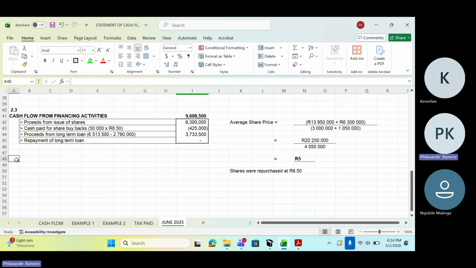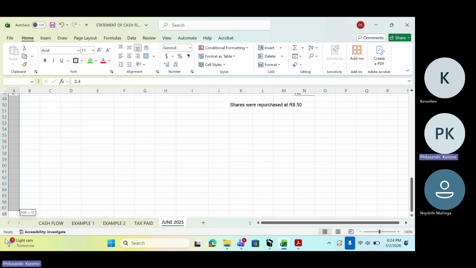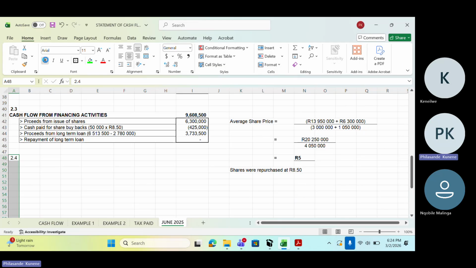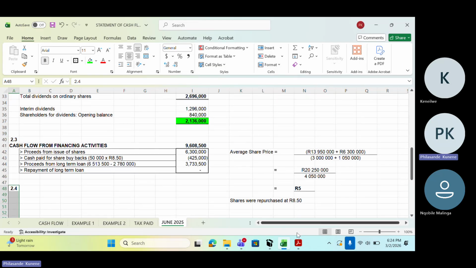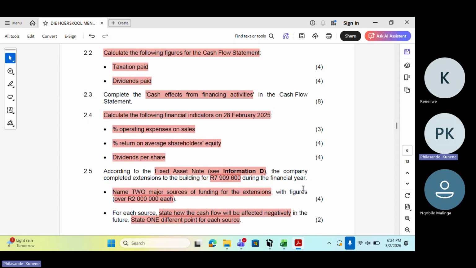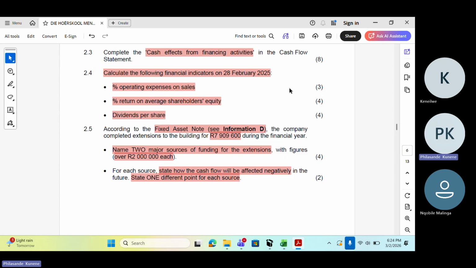You see, guys, these questions are very important because they have marks. We can do the cash flow and be comfortable with the cash flow, but we also need to be comfortable with these small questions because if you look here, 3 marks plus 4, that is 7, plus another 4, that is 11, plus 4, 15, plus 2, that is 17 marks.